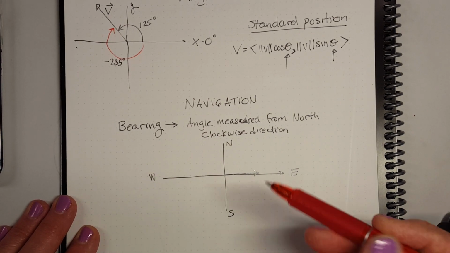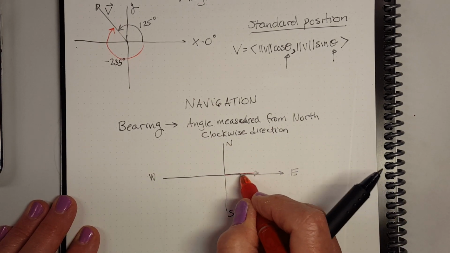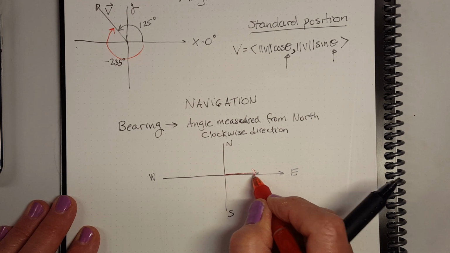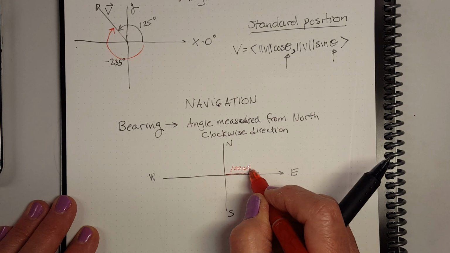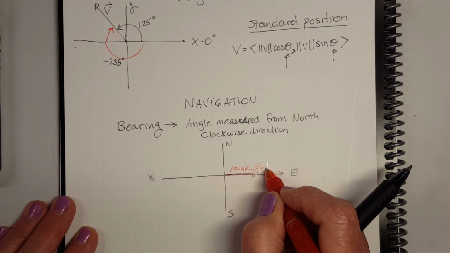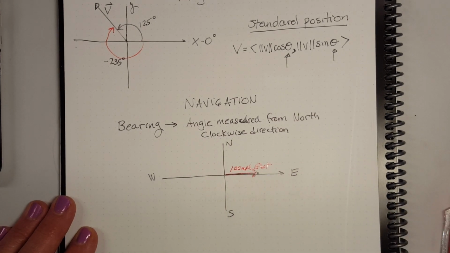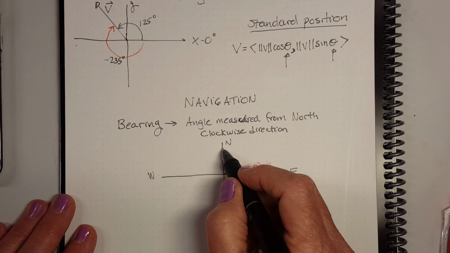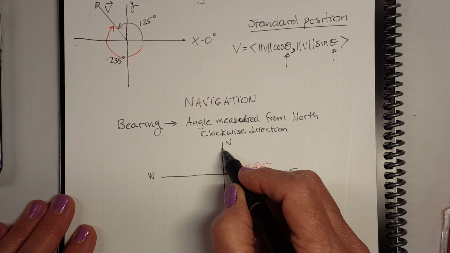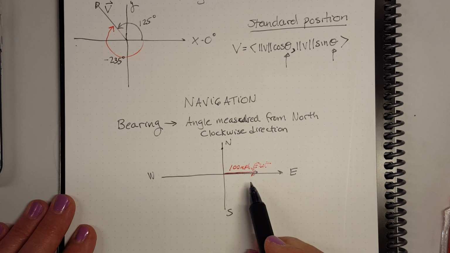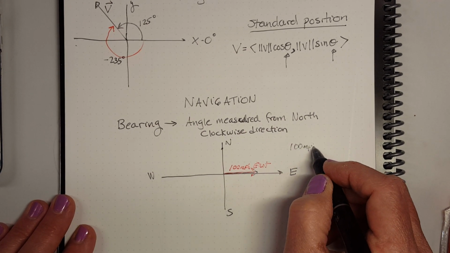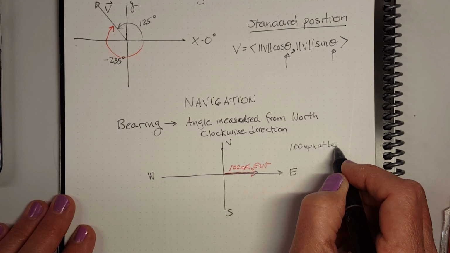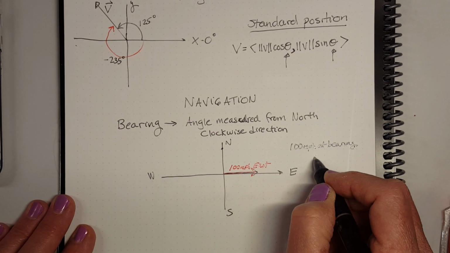So if I had a vector that is flying due east, and let's just give it 100 miles per hour east. From a bearing standpoint, the angle is measured from the north. And so in terms of navigation, a pilot would say, I'm heading 100 miles per hour at a bearing of 90 degrees.